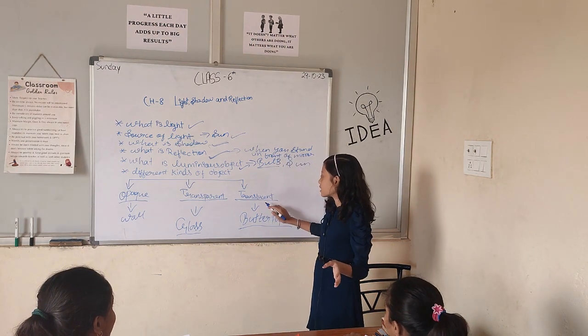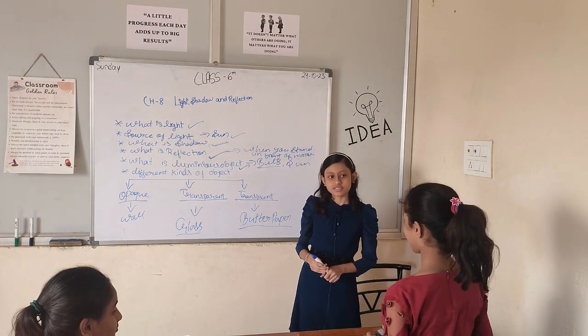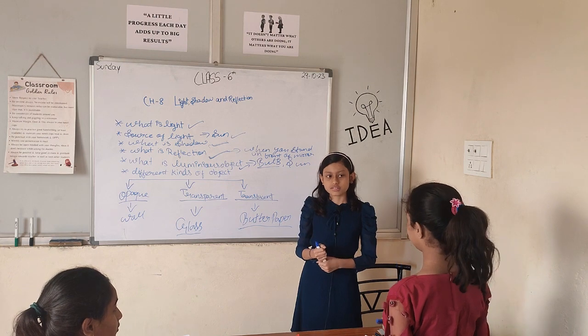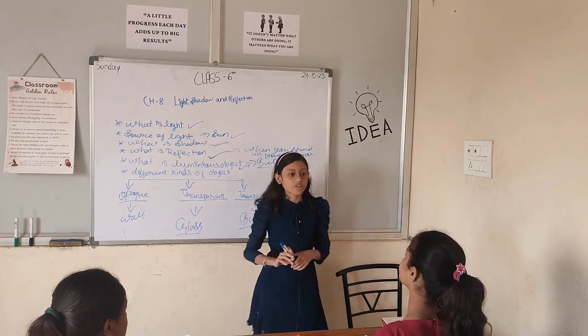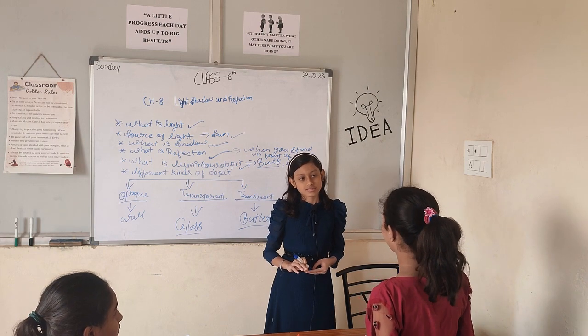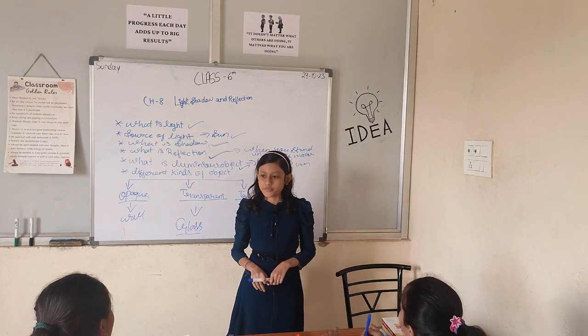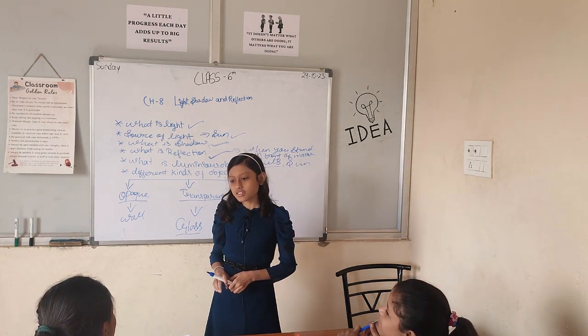Tell me what are translucent objects? Translucent objects we can see through, but not clearly. Okay. Example of translucent? Butter paper, tinted glass, etc. Yes. Good. Thank you. What is tinted glass?